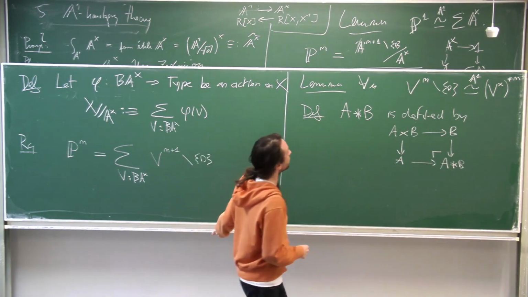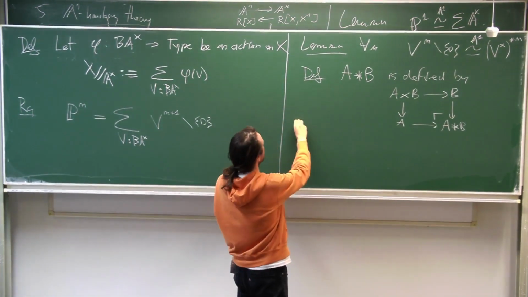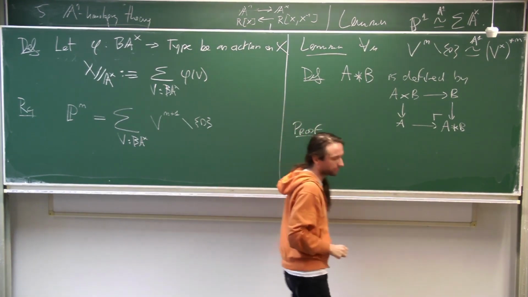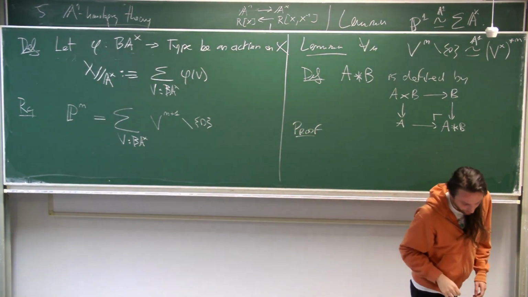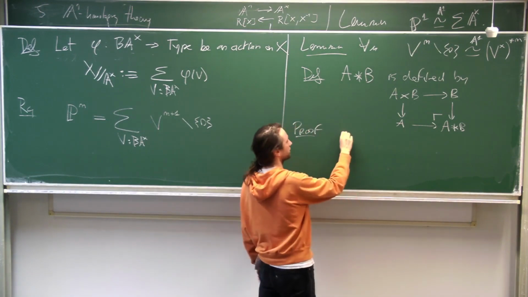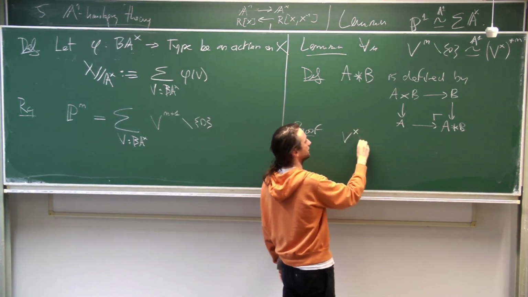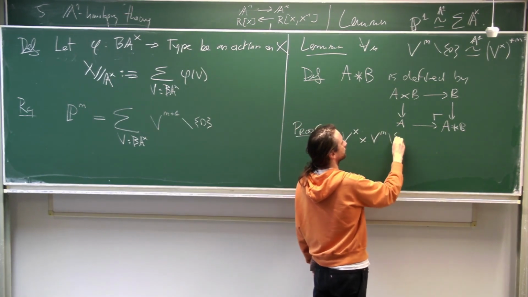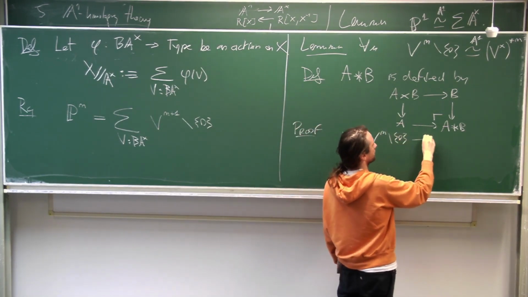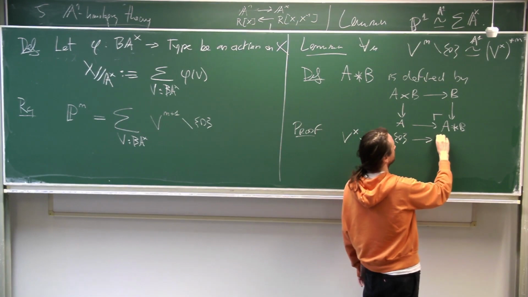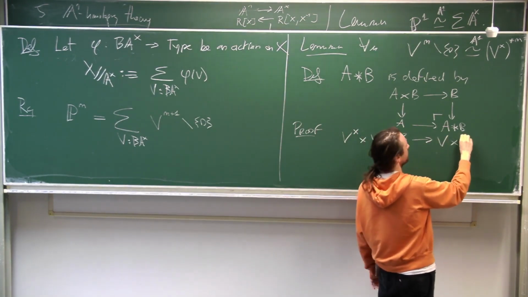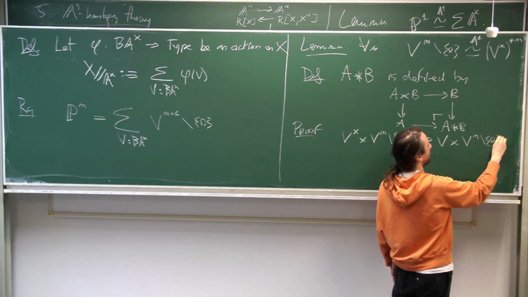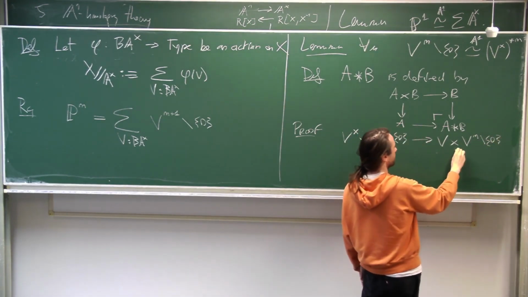And so, okay, let's prove this. So I will not be very precise in order to go fast, but the idea is simply, here you take something like this. Here you send it to V times Vn minus 0.